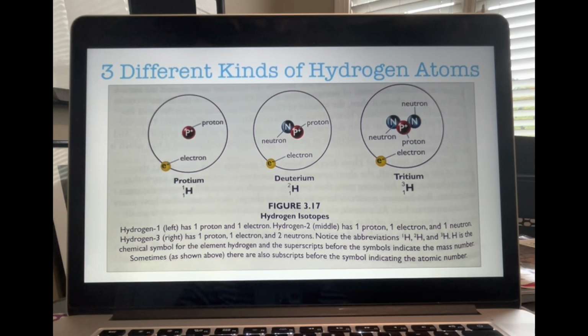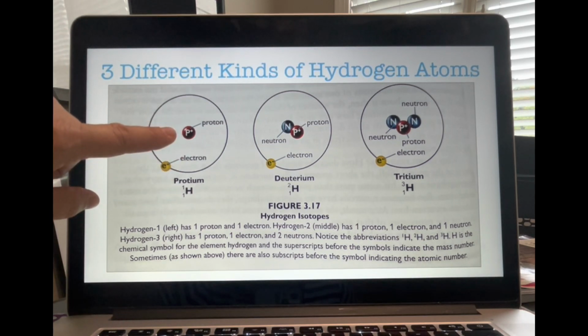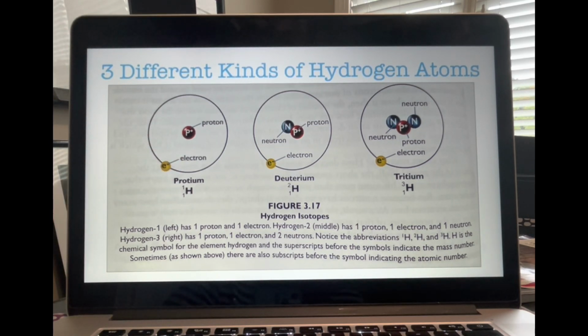The atom with just 1 proton and no neutrons is hydrogen 1, and that is sometimes referred to as protium. So here we have hydrogen 1, protium. The atom with 1 proton and 1 neutron in its nucleus is hydrogen 2, deuterium.